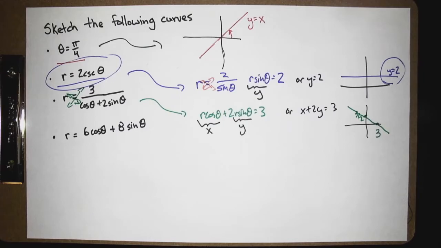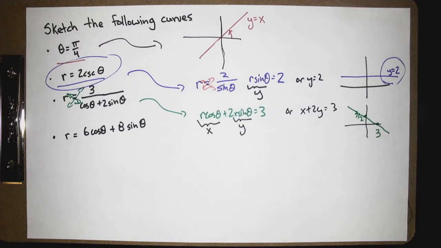Channel your inner pirate. We need the r. R. We need an r. Why? Because we can't do much with just cosine. But we can do a lot with r cosine. Same thing with sine. We can't do much with sine. But r sine, we can do it.